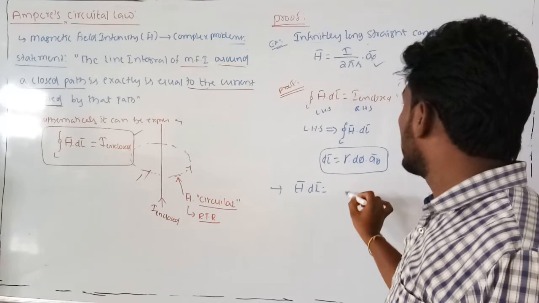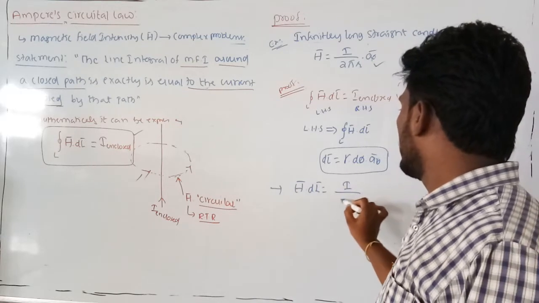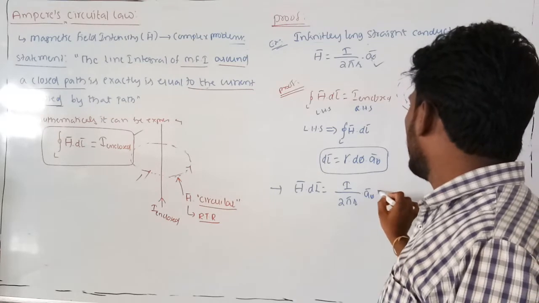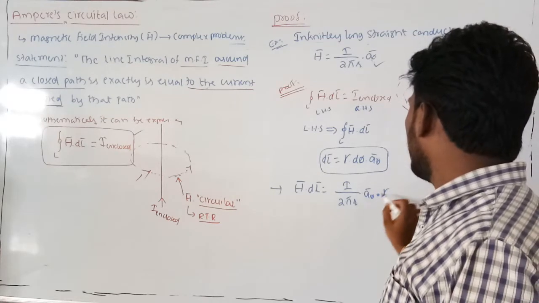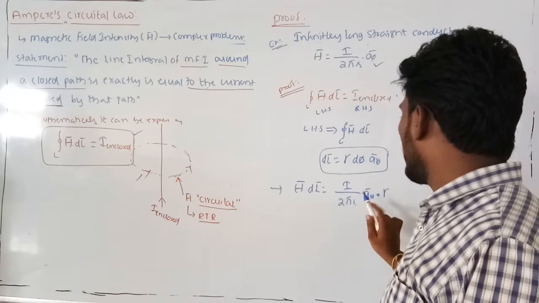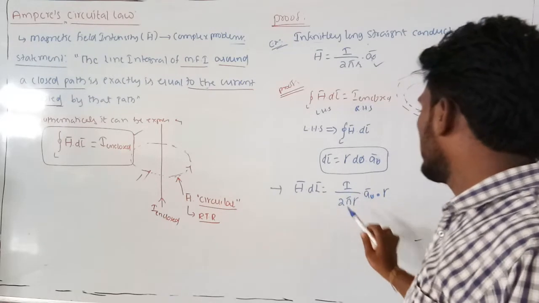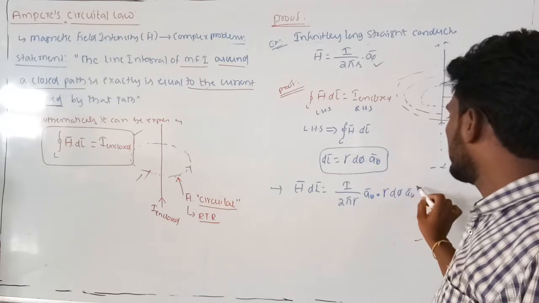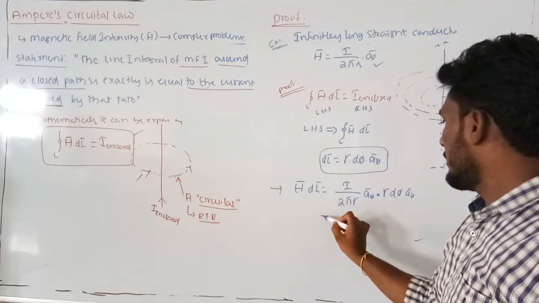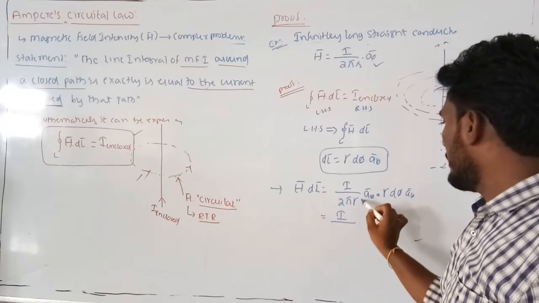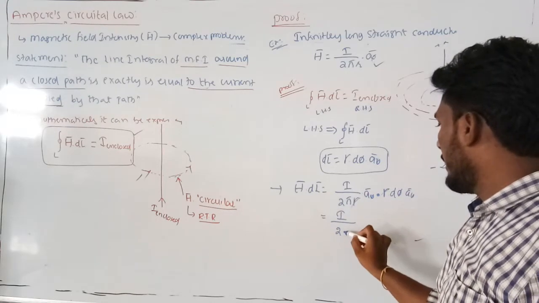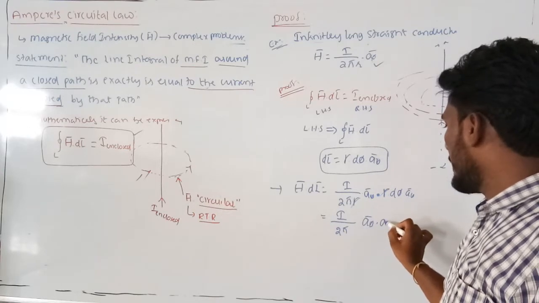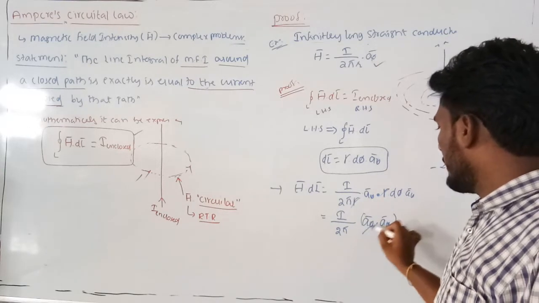H bar is I by 2 pi r a phi bar dot r d phi a phi bar. There is a constant term, r gets cancelled, and the left term is I by 2 pi only, and the dot product between the same unit vectors is already known to you, that is 1.